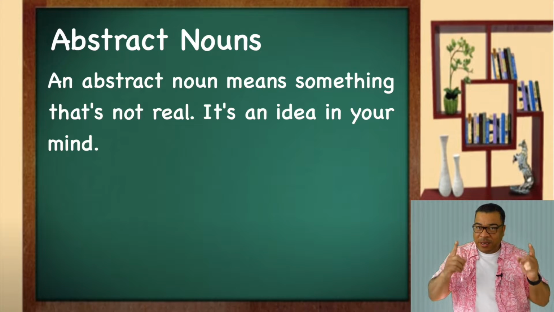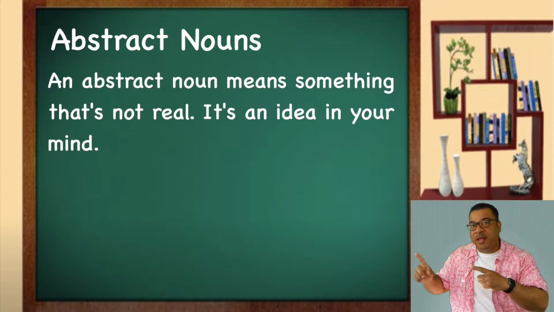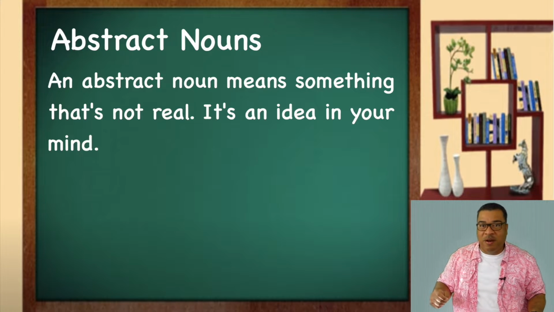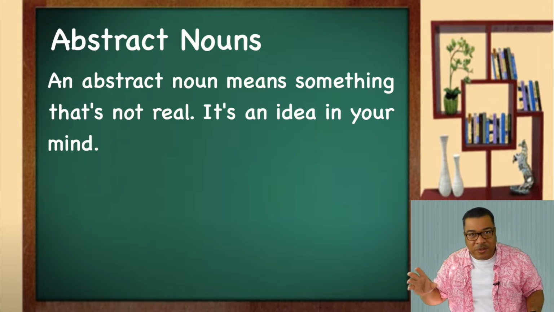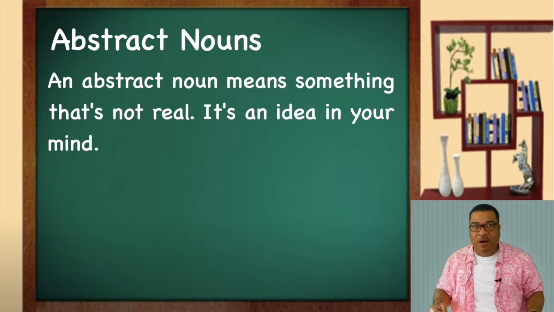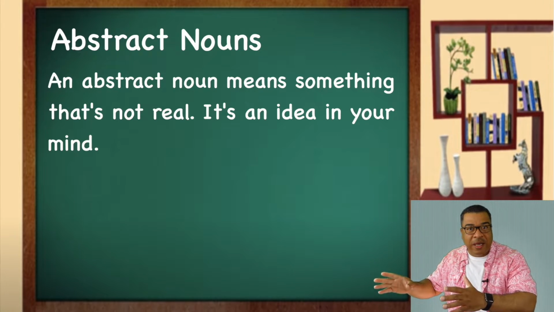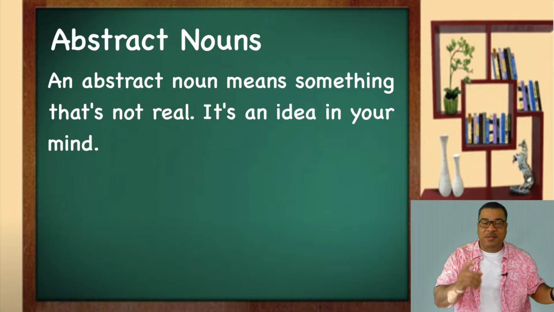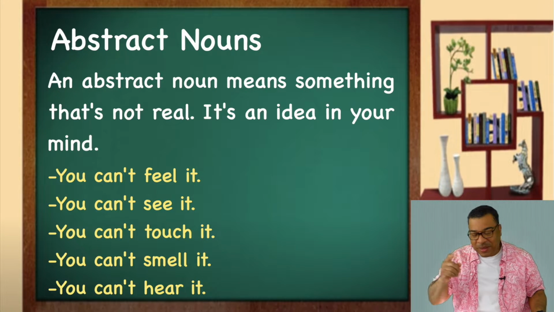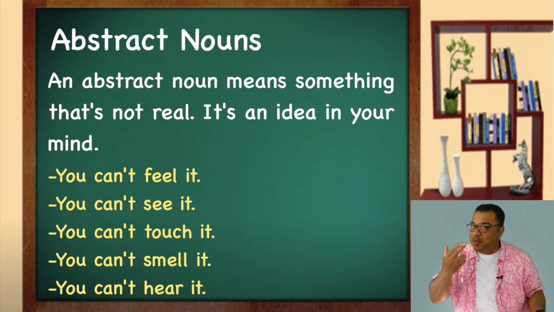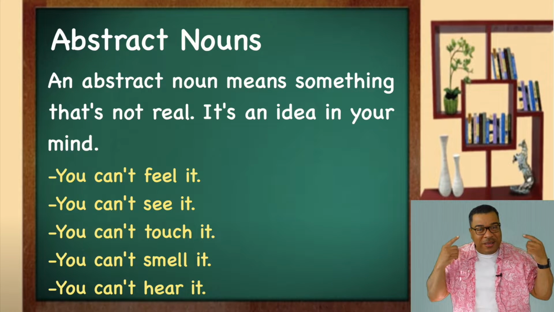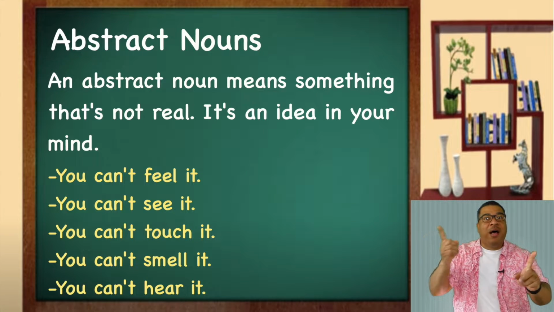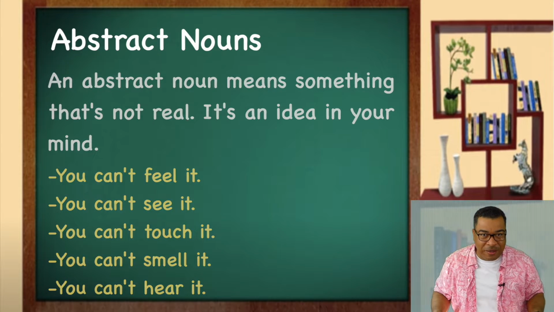Now, when we talked about a concrete noun, that is different, because if you have a car, you can see a car, you can touch a car, you can smell a car, you can hear a car. That is a concrete noun. But an abstract noun is the opposite. You can't feel it, you can't see it, you can't touch it, you can't smell it, you can't hear it. An abstract noun is a noun, but it's the opposite of a concrete noun.